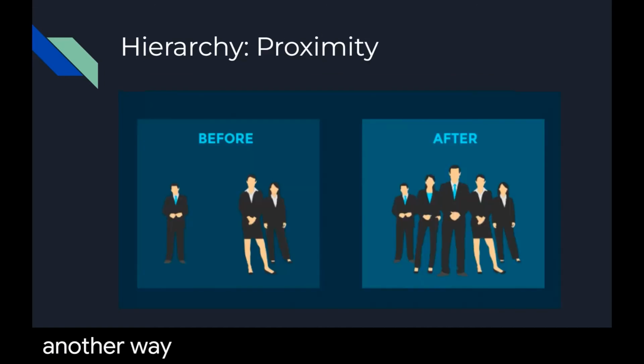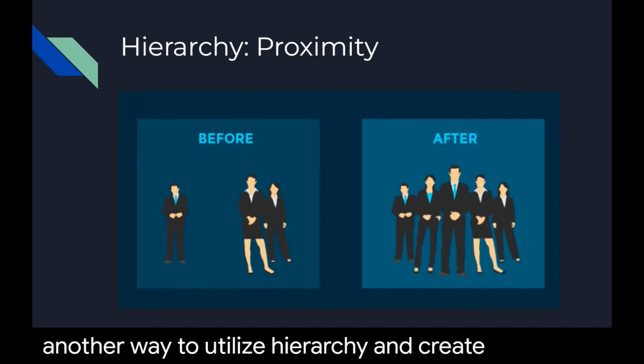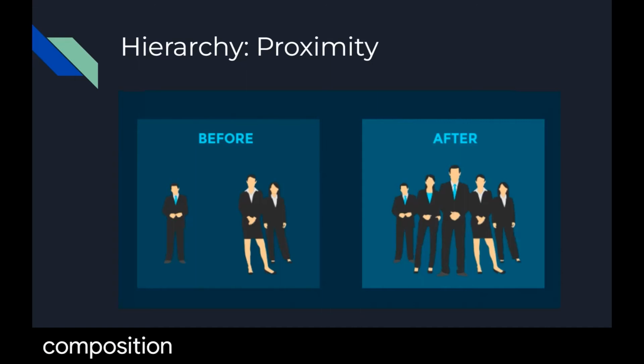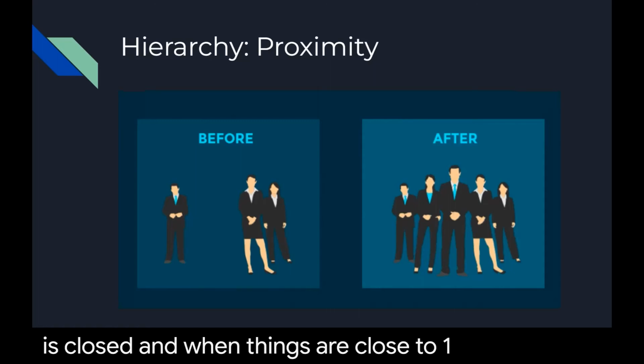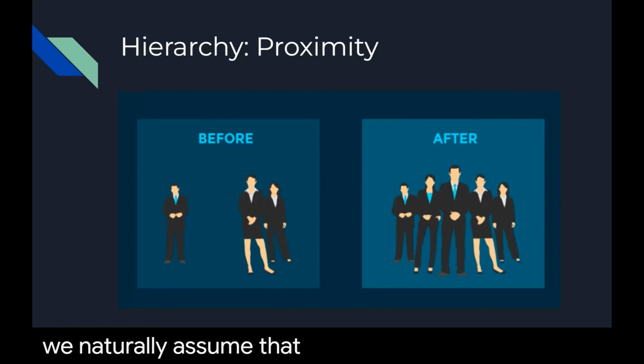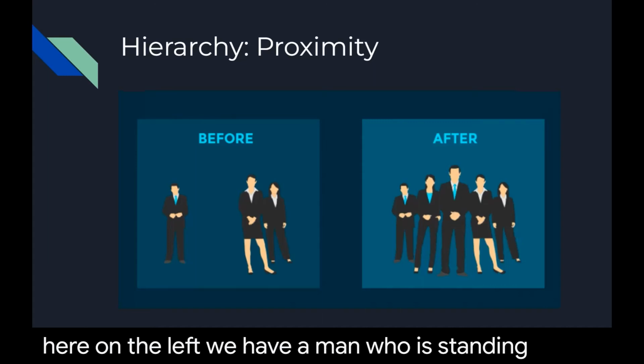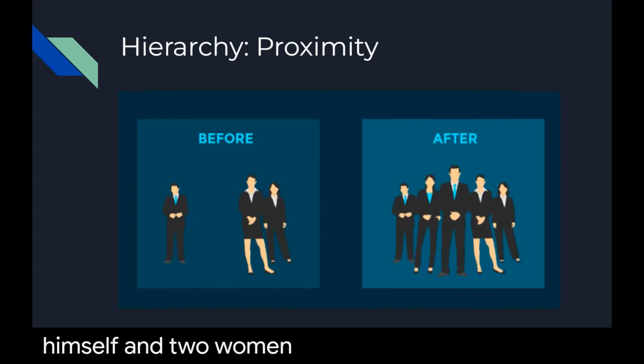Proximity is another way to utilize hierarchy and create better composition. So proximity just means that something is close, and when things are close to one another, we naturally assume that they go together. And so here on the left, we have a man who is standing by himself and two women on the right.